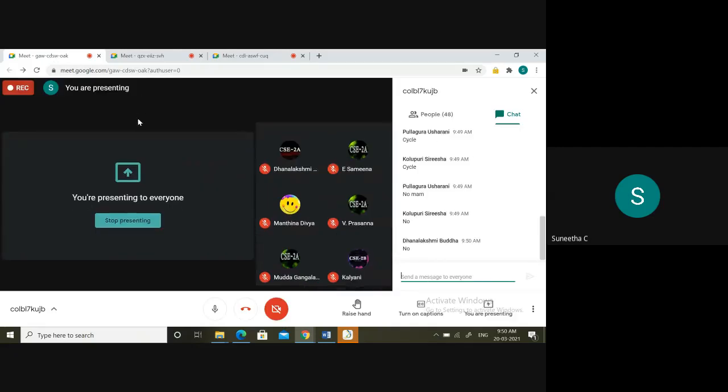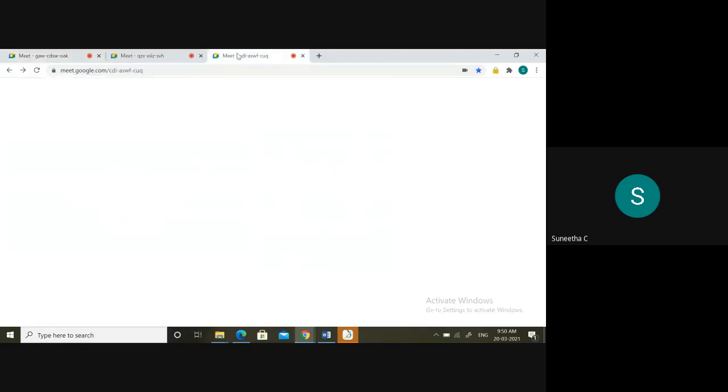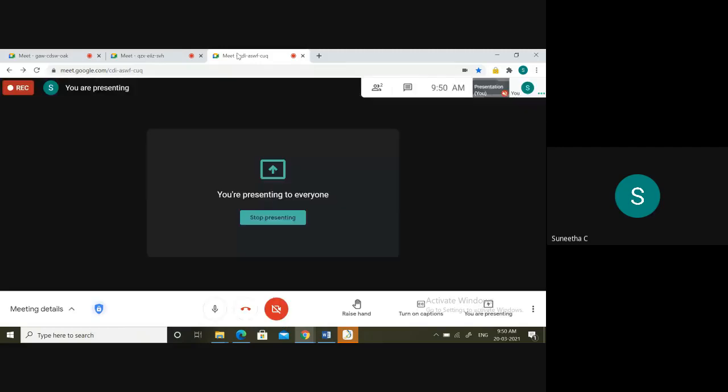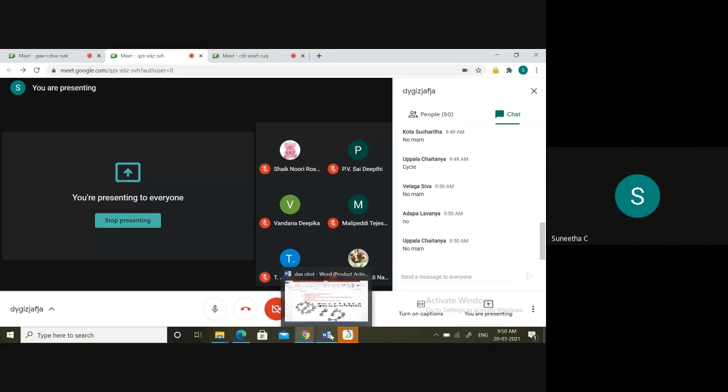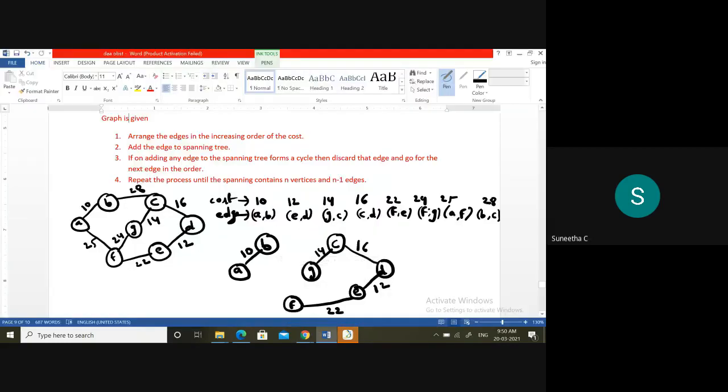What did we say? If on adding any edge to the spanning tree forms a cycle, then we have to discard that one. So in this example, if we add that FG edge, it forms a cycle, so we have to discard that edge and go for the next edge. That's why we are not adding FG. We are skipping this one and going for the next one.